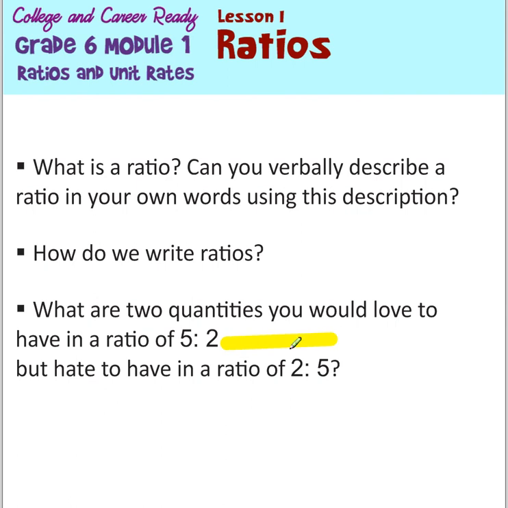I would love to have 5 scoops of ice cream after I only had to eat 2 spoons of asparagus, but I would hate to have 2 scoops of ice cream after eating 5 spoons of asparagus. I don't like asparagus. You can think of food, you can think of money, you can think of a score at a game. Come up with something for yourself if you can do that.